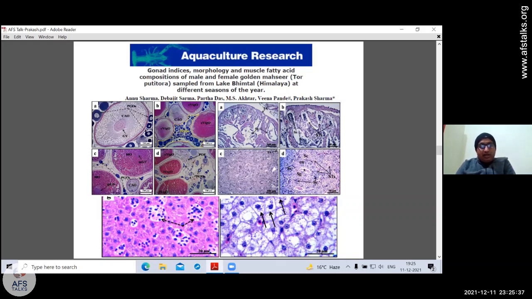Based on the shifting germ cell dynamics, we can tell whether the fishes are going to spawn, are in the regression phase, or are in the developing phase. This was one of the works we could do at DCFR.